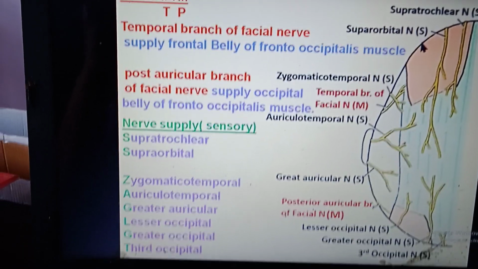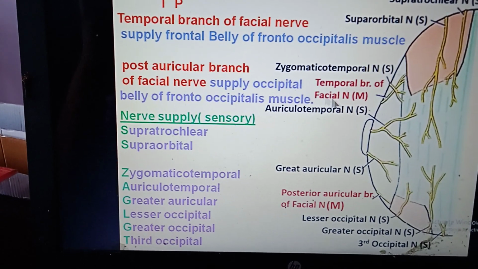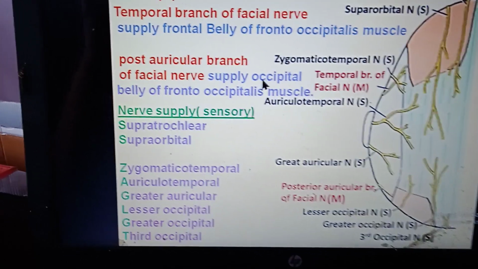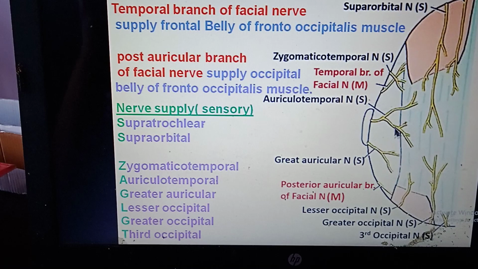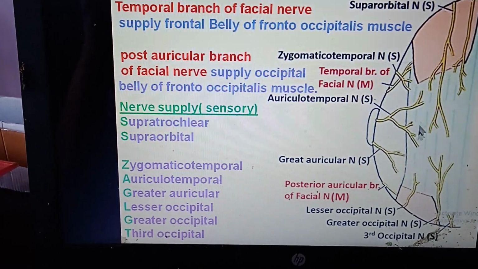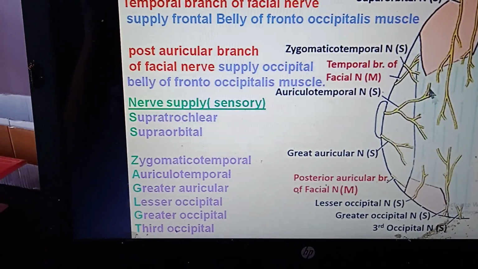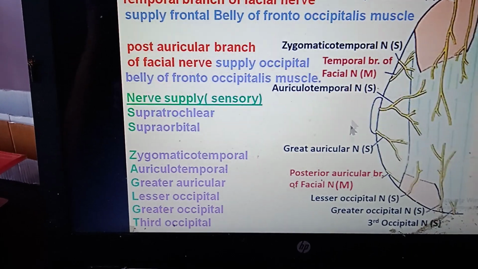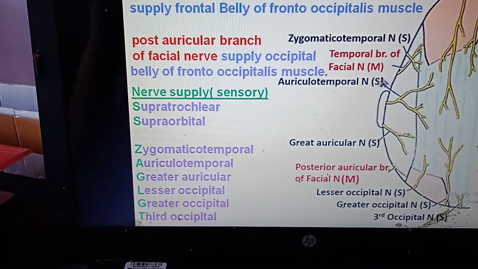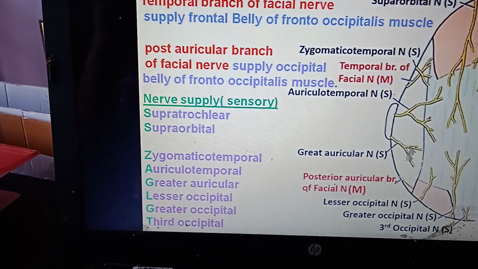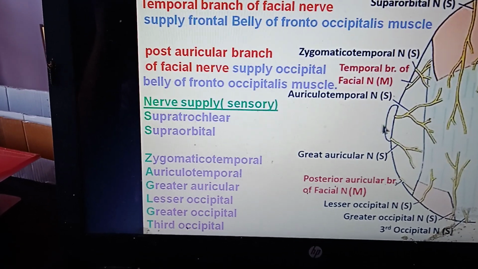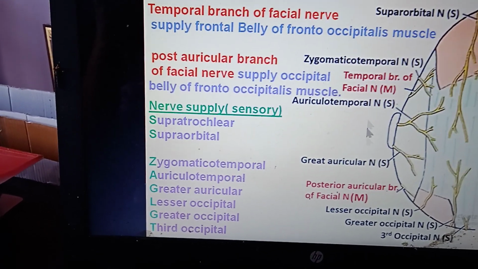Then comes the supraorbital nerve, and jag, this jag, Z-A-G, is around the ear, because if we want to wake someone who won't get out of bed, we twist or twirl the ear of that person.